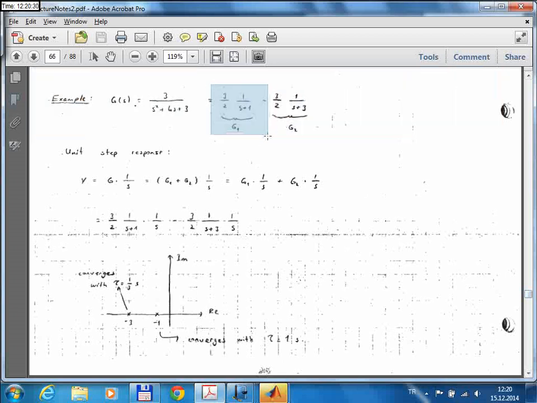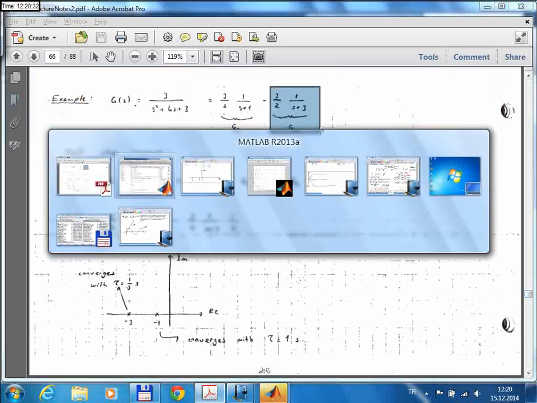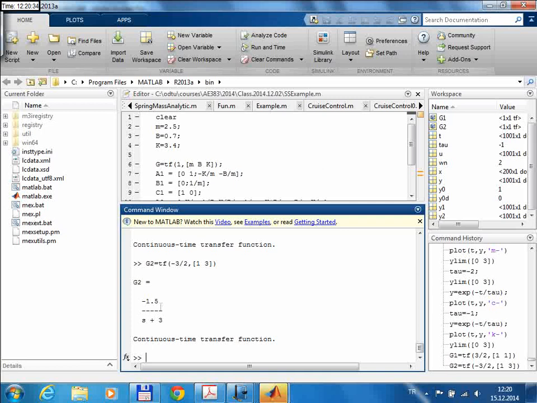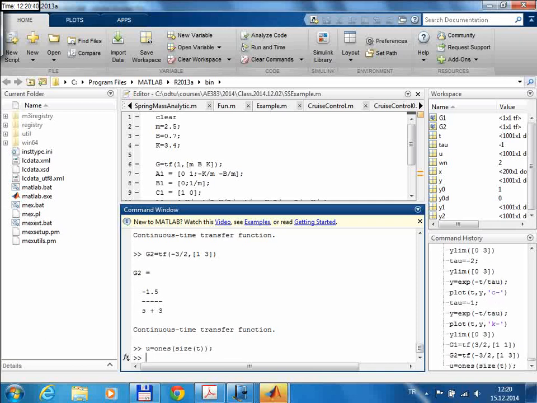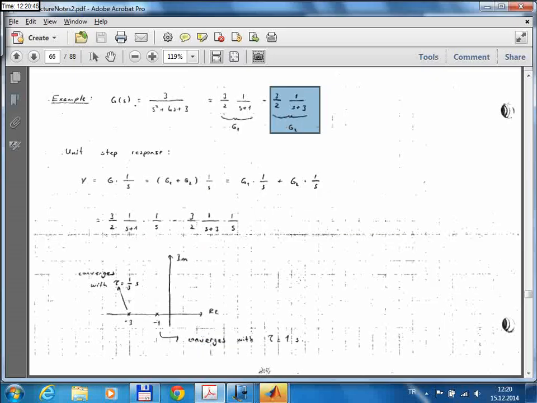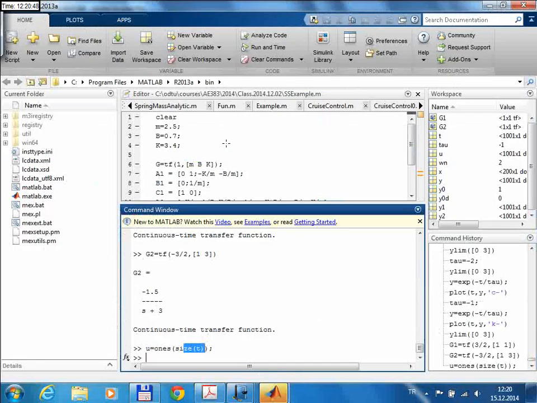This is my G1 and this is my G2. Now I define them here. And then I define my input. This is the unit step input. Input is equal to 1 for all time values. And then to find the output, I use the MATLAB LSIM command.